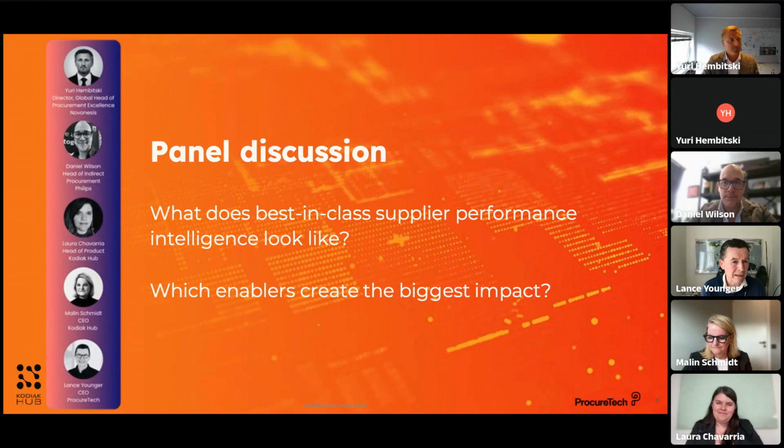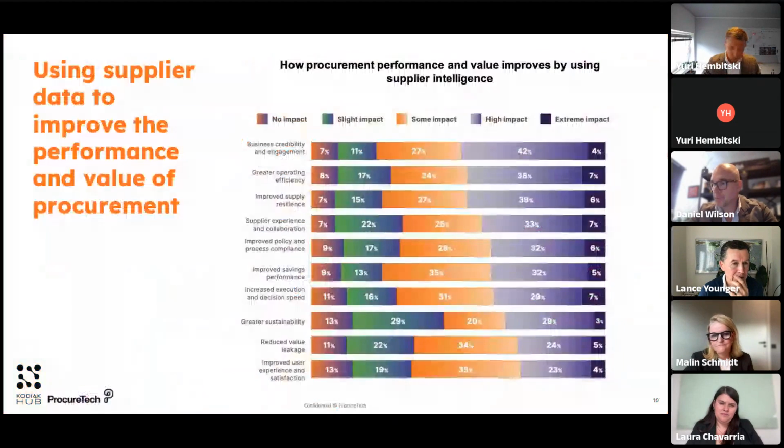Yeah, perfect. I'm going to move on to the next section here, the final section of inputs as well. What we saw when we did the research, in terms of the impact of supplier performance intelligence and the value created for procurement, was, funnily enough, number one, and I don't think you did this on purpose, credibility.